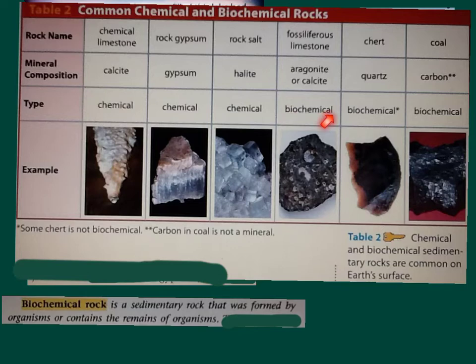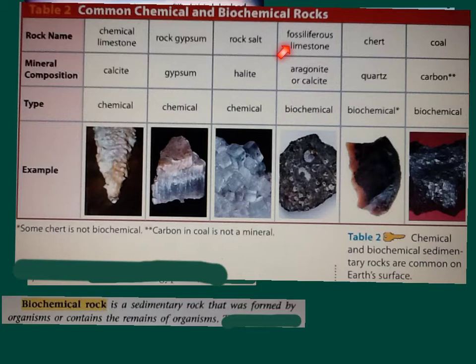So how is it possible for limestone to show up on the chart twice? You should state that limestone can form as either a chemical rock made of calcite or a biochemical rock made of fossils that are in turn made of calcite also.